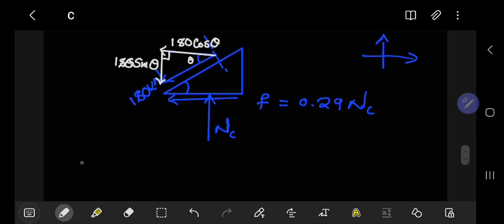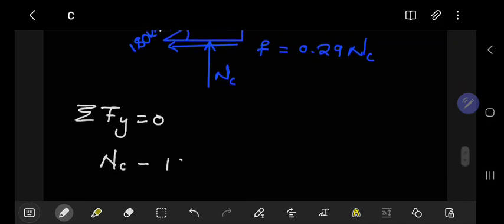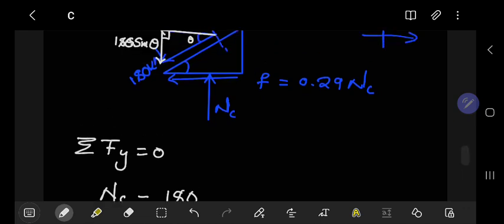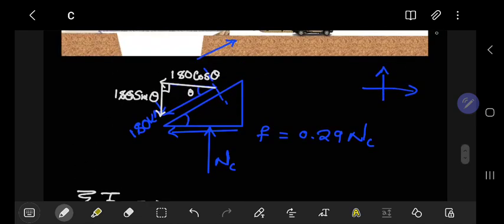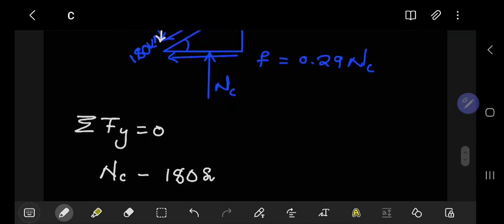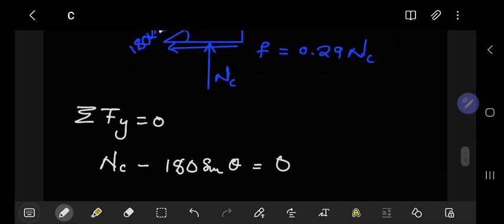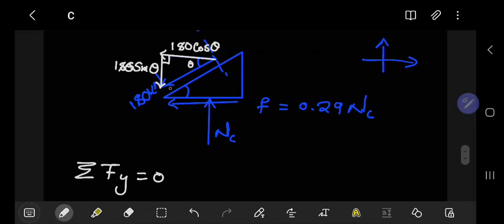So let's do the math now. Sum of forces in the y-axis is equal to 0. In the y-axis, we see only two forces, the 180 sine theta and the NC. NC is going up, so it will be positive, minus 180 sine theta, and these are the only two, so this equals 0.